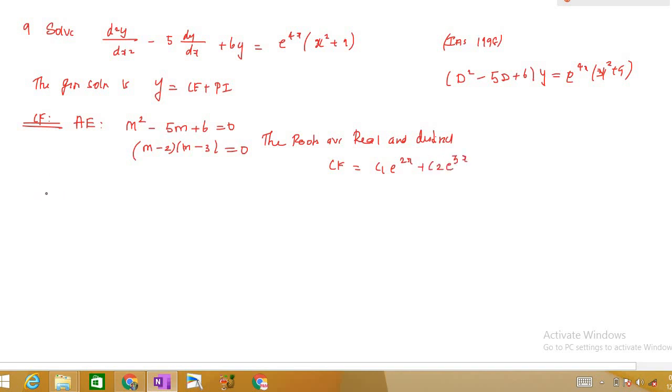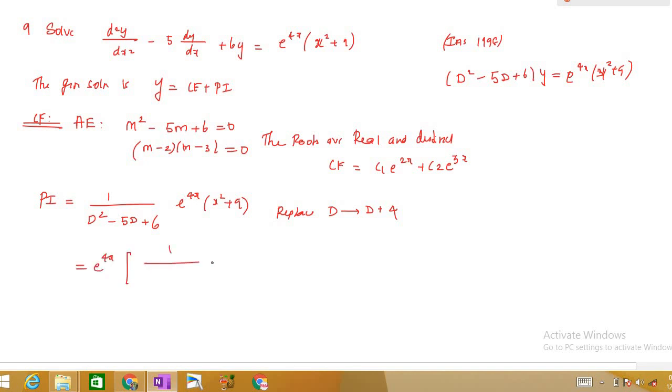Now we need to find the particular integral. So this is 1 by d square minus 5d plus 6 of e power 4x into x square plus 9. Now I can replace d with d plus 4, so that I can take e power 4x outside. So we will have e power 4x outside, and here we will have d plus 4 whole square minus 5 into d plus 4 plus 6, of x square plus 9.